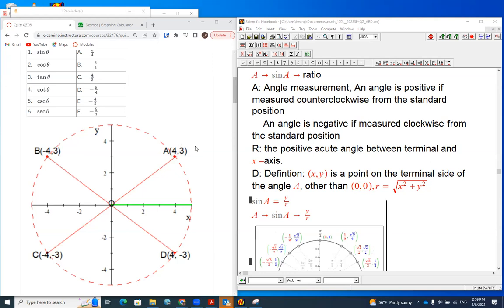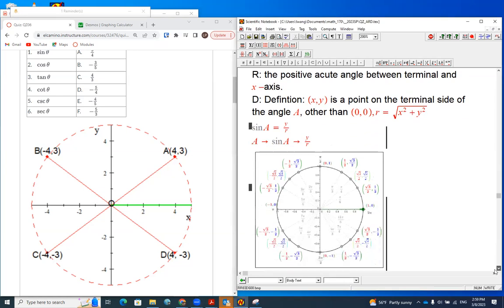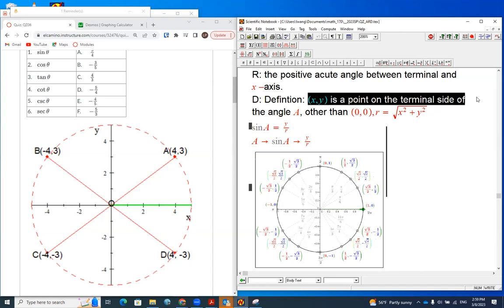In the non-special case, you're given a point which happens to be on a circle, but this circle is not a unit circle. This circle has a radius equal to 5. On the unit circle, the points are on the unit circle. All of these are a point on the terminal side of the angle other than the origin.